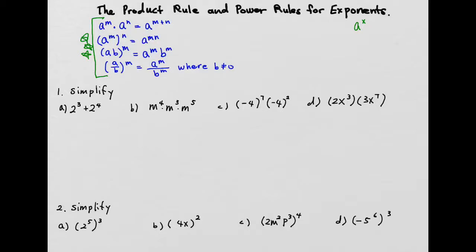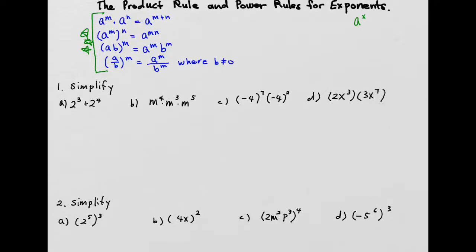So this one, 2 cubed plus 2 to the 4th, this means you have 3 2's plus 4 2's.